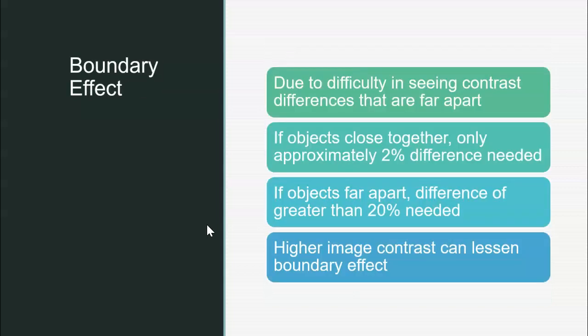So the boundary effect, okay, is due to difficulty in seeing contrast differences that are far apart. If objects are close together, only approximately 2% difference is needed. If the objects are far apart, we're looking at a 20% difference in order for us to see the difference. Isn't that crazy? So higher image contrast can lessen the boundary effect.